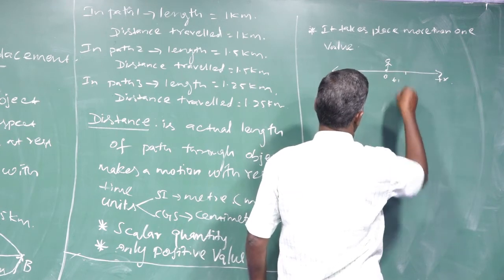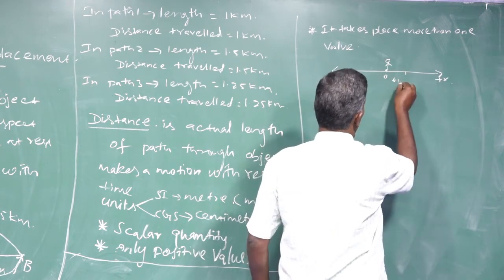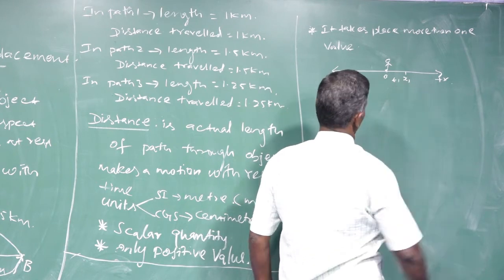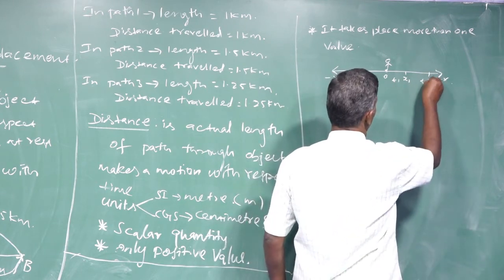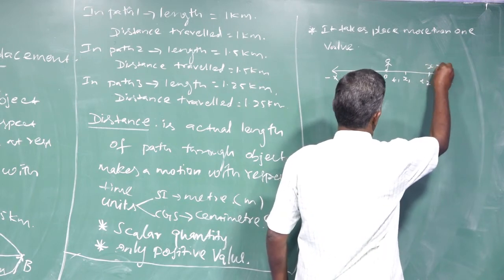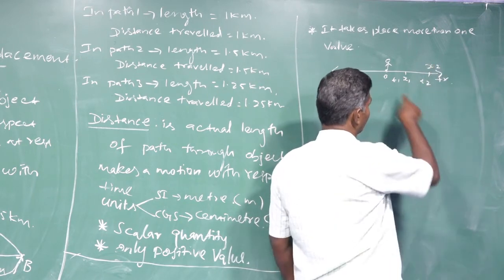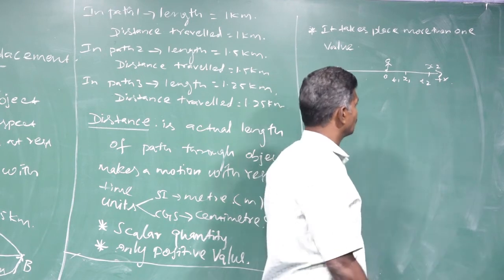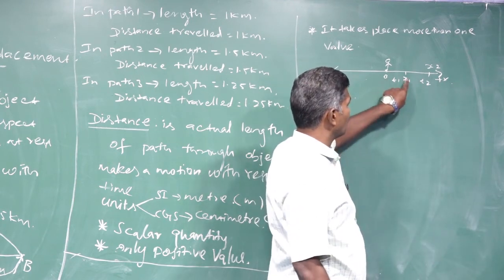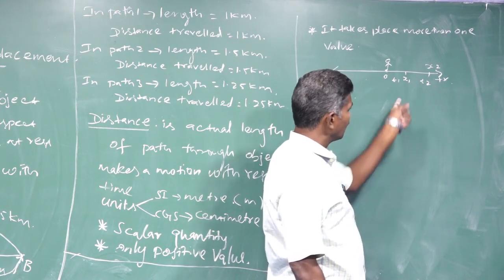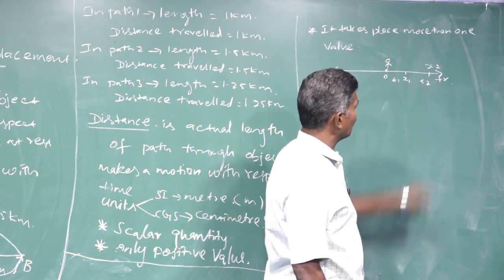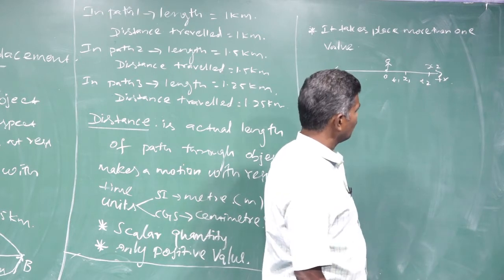In a t1 time, he can cover x1 distance. After that, in t2 time, x2 distance. If the time taken is t1, the distance travelled is x1. Suppose the time taken is t2, the distance travelled is x2.